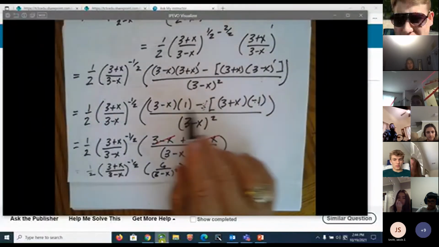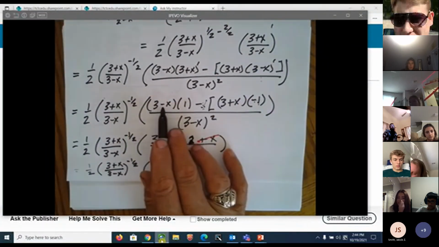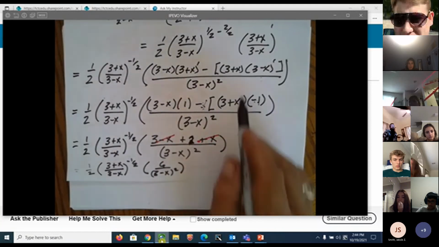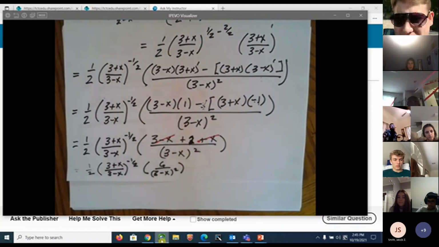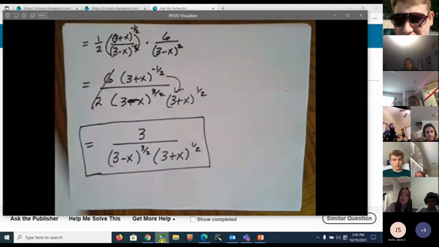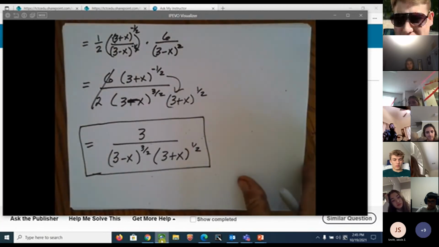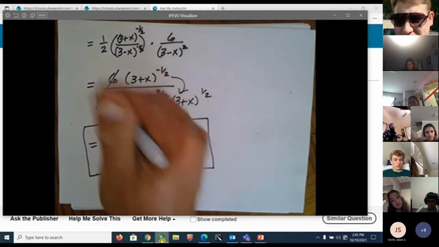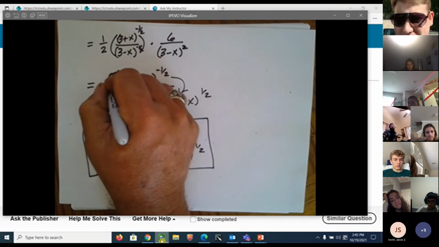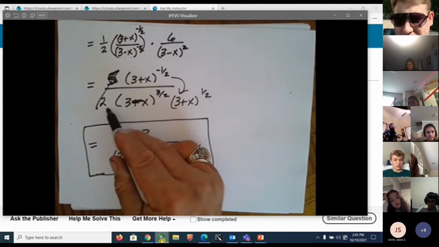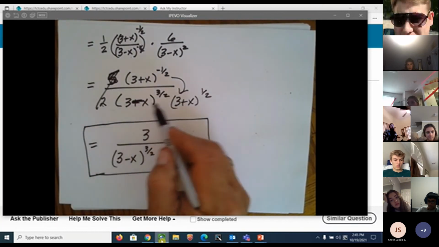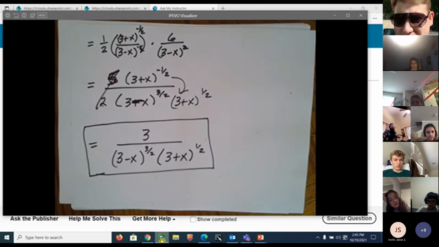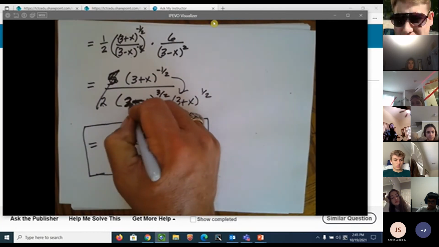Because I should have 2 minus x right here, and a 2 minus x. That would have fixed everything. So anyway, that's how you do it. So that would be a 5. And there's the 2. One of them is supposed to be 2 minus x. I think this is supposed to be a 2.